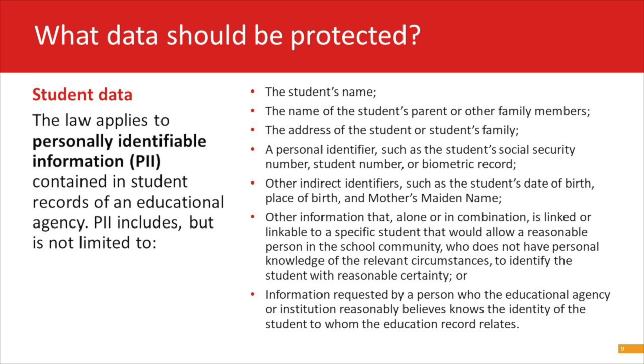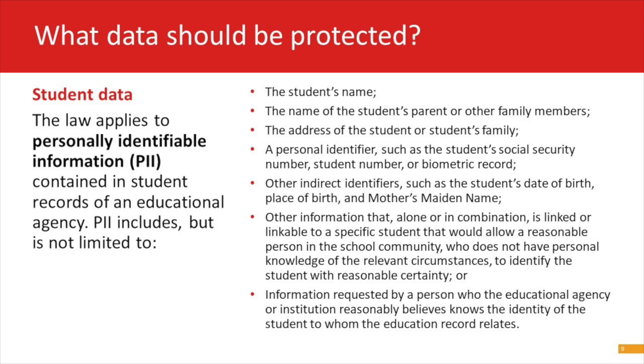So I'm just going to go with what the FERPA definition is, and that is the student's name. And I'm going to read these right out so we're real clear. The student's name, the name of the student's parents or other family members, the address of the student or the student's family, a personal identifier such as the student's social security number, a student ID number, or a biometric record.